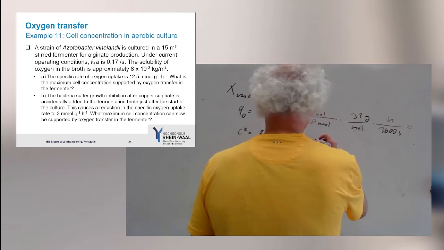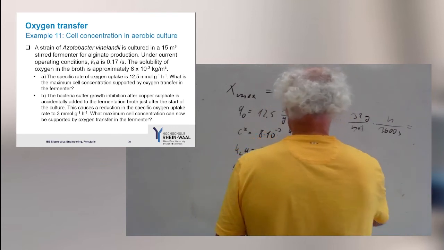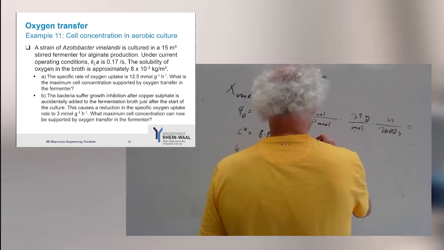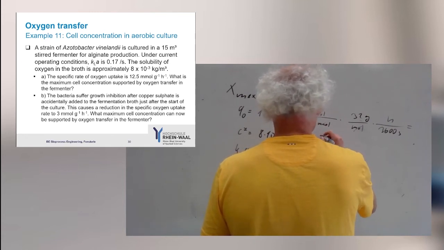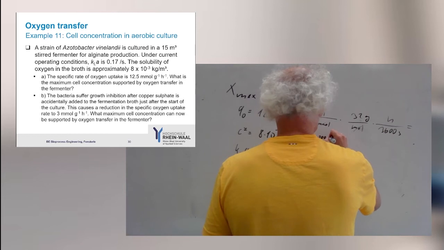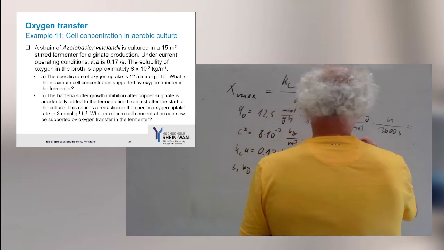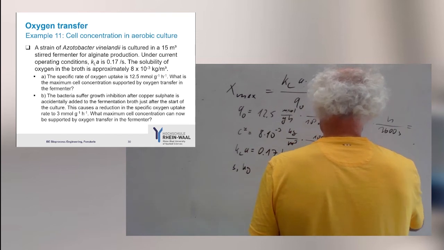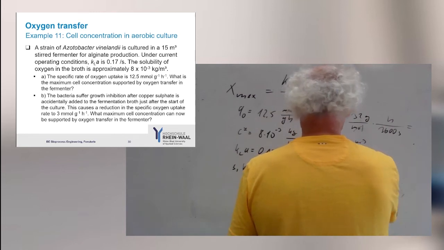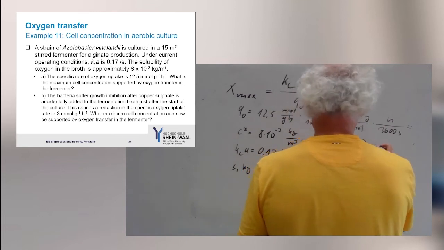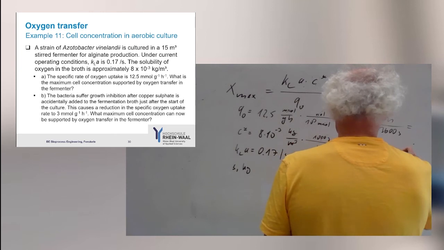And the point is, 1 kilogram is 1,000 grams, but 1 cubic meter is at the same time 1,000 liters. So in other words, this is the same as 8 times 10 to the minus 3 grams per liter.